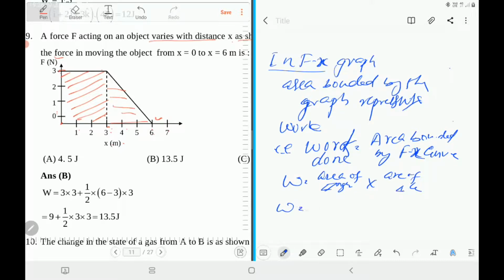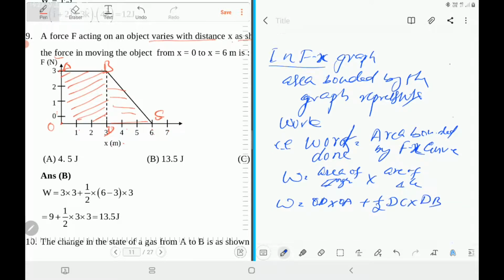What is the area of the rectangle? Length into breadth. If I name this O, A, B, C, D, what do you write for length? Length is OD into OA, breadth, plus what is the area of a triangle? Half into base into height, DC into DB, height.